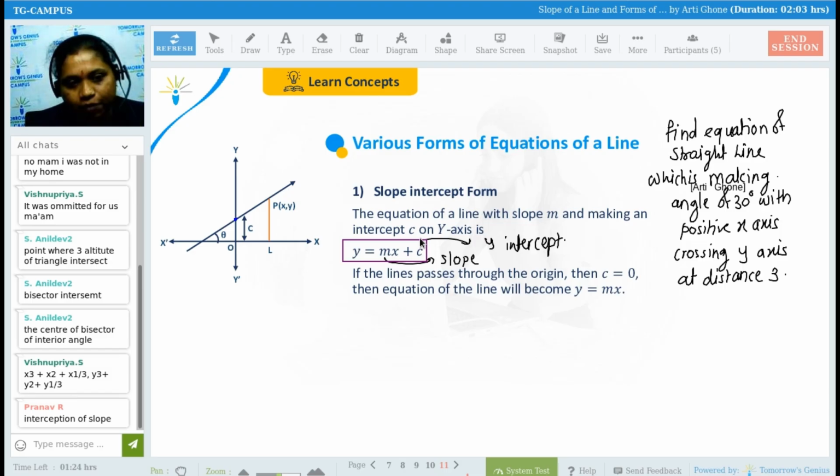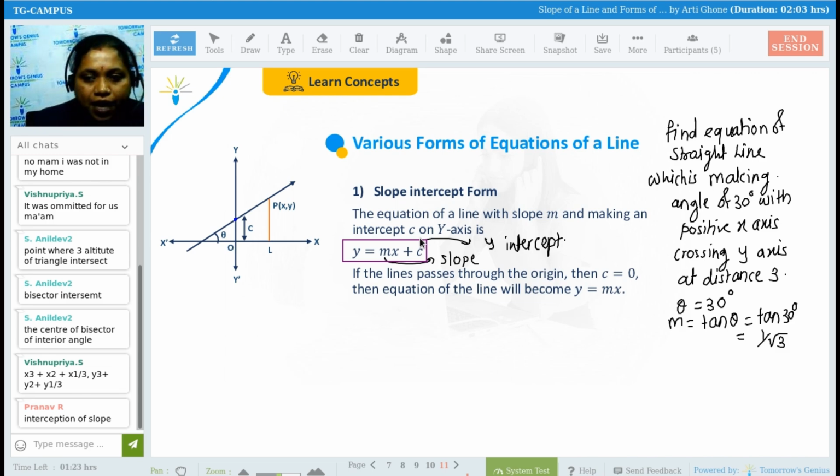So the angle is 30°, meaning theta is 30°. So we can directly calculate the slope, which is equal to tan theta, which is tan 30°. What is the value of tan 30°? 1 by root 3, right? Okay, and c is equal to the distance of 3. So it is 3. So what is the simple equation? Y is equal to mx plus c.